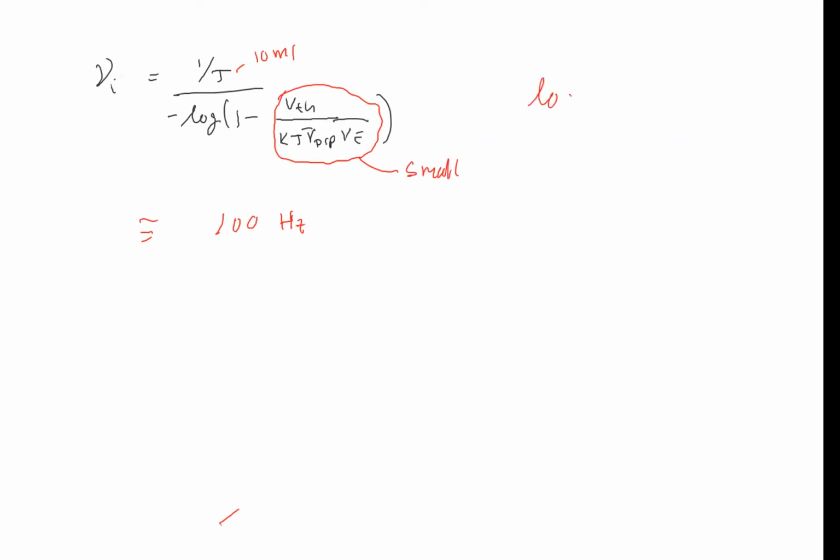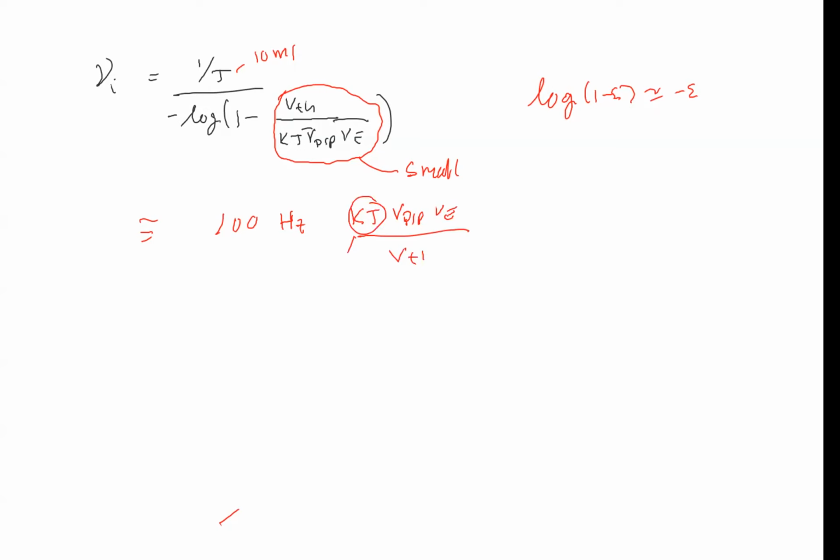So log 1 minus epsilon is approximately minus epsilon. So this is basically K tau nu PSP nu_E over VTH.